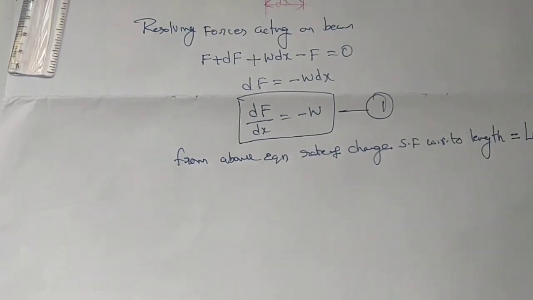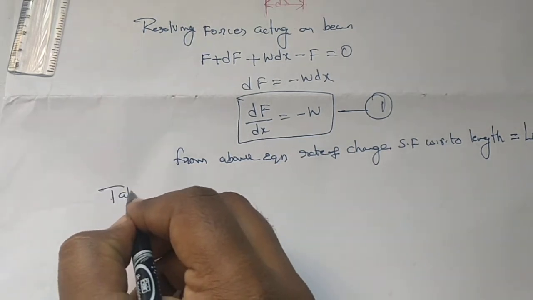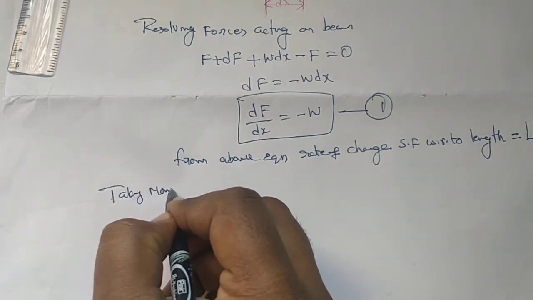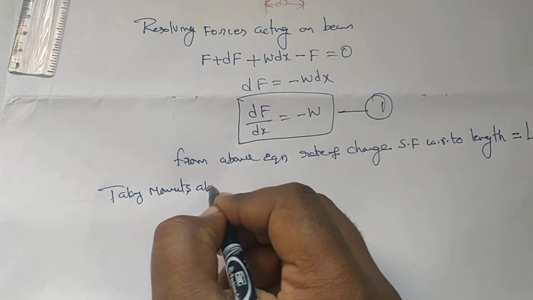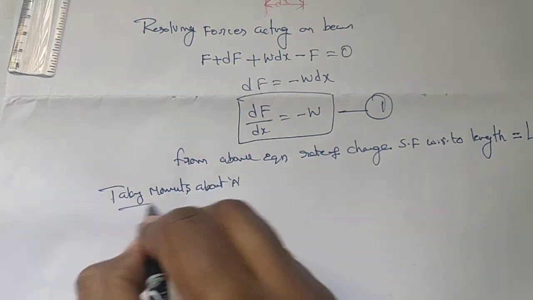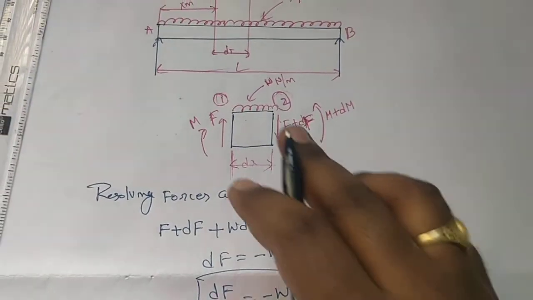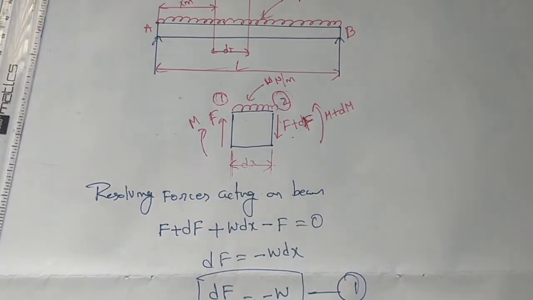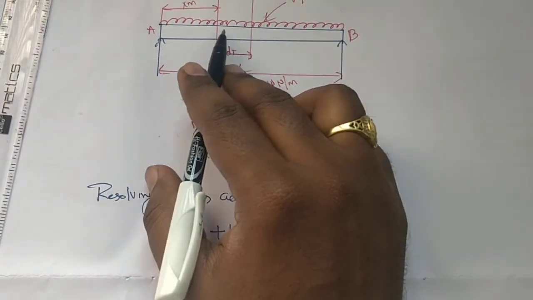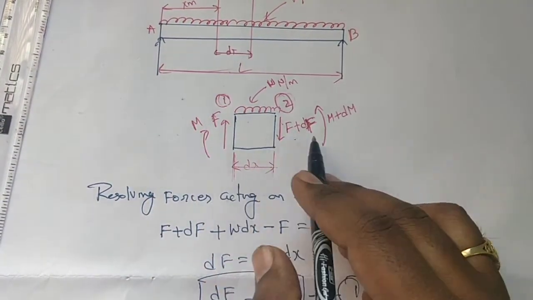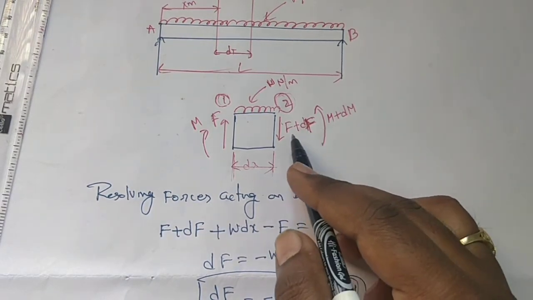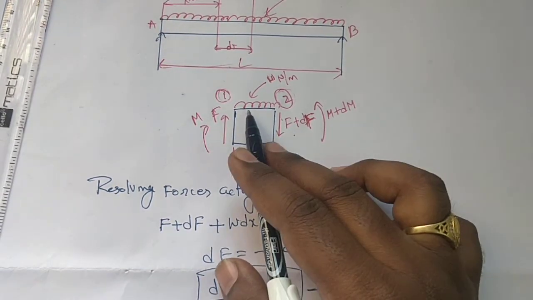Similarly, taking moments about A. At section 1, on the right side of the beam there is a couple, shear force and UDL.